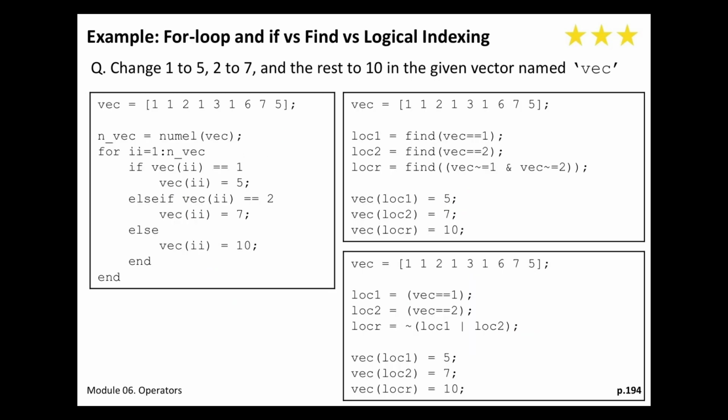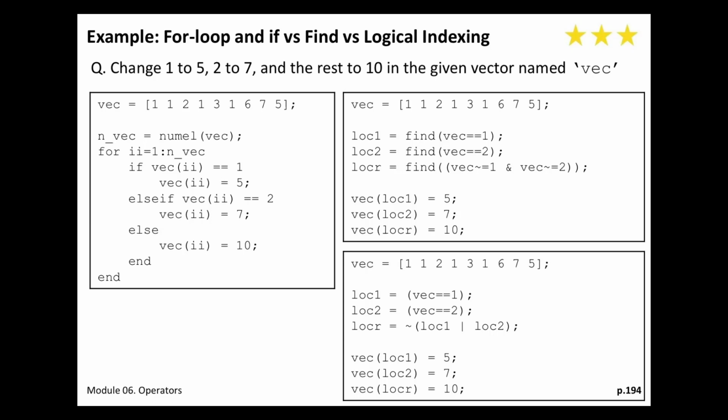Okay, so here's the final example in this module. Let's solve this problem in 3 different ways. Change 1 to 5, 2 to 7, and the rest to 10 in the given vector, named vec. First way is to use the selection and loop statement.